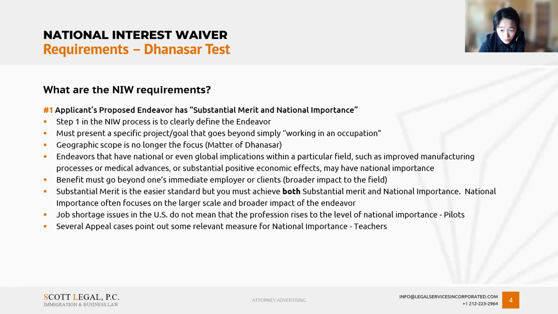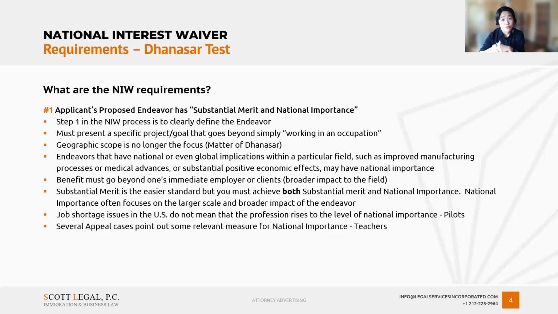Several appeal cases also point out some relevant measure of the nature of the activity for national importance. And for teachers, for example, the government takes the position that teaching activities only tend to benefit the direct students who receive the teaching, and that would count against national importance. So let's say you're a professor and part of your work is related to teaching, but part of your work is related to research.